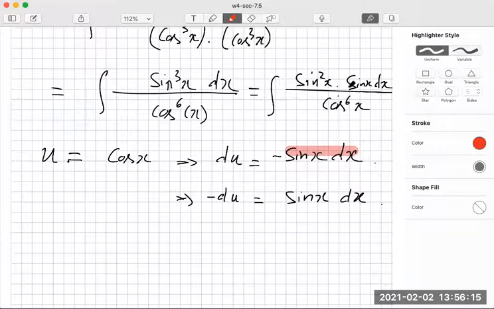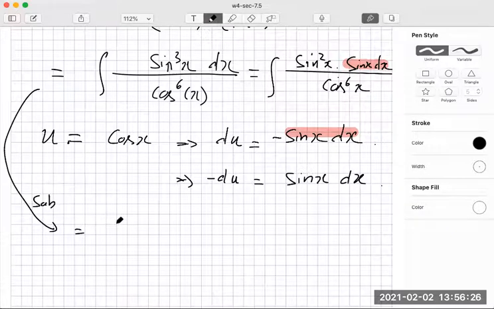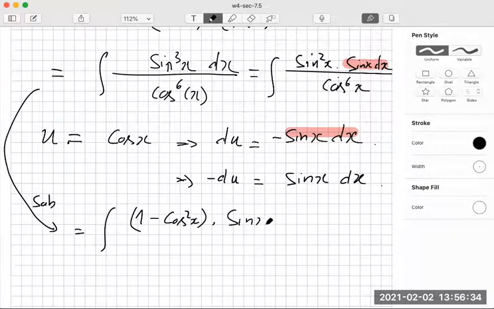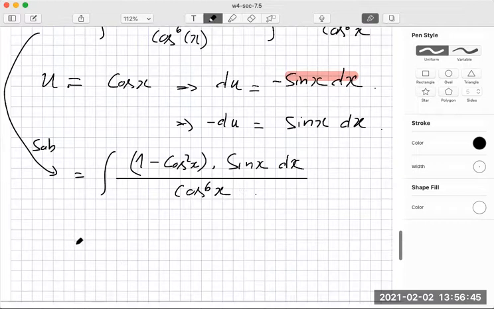Then if we do substitution, sine x dx here will be negative du, and sine squared here, very good, will be 1 minus cosine squared. Let us rewrite it first, right? Now we do substitution.